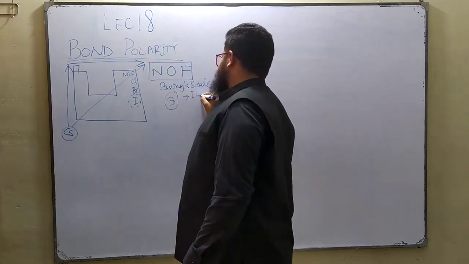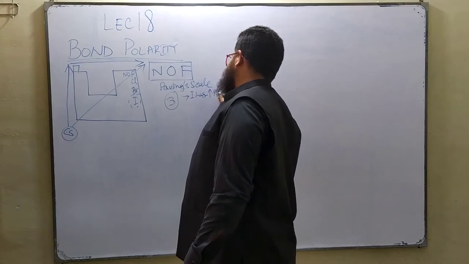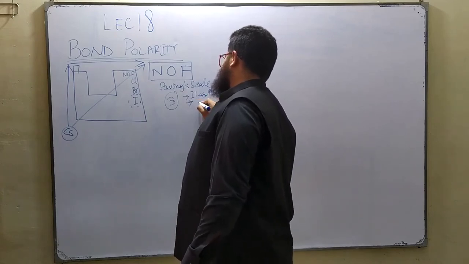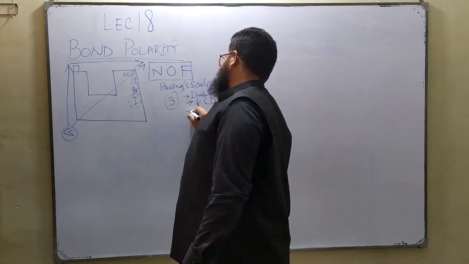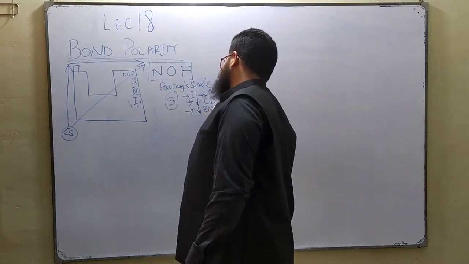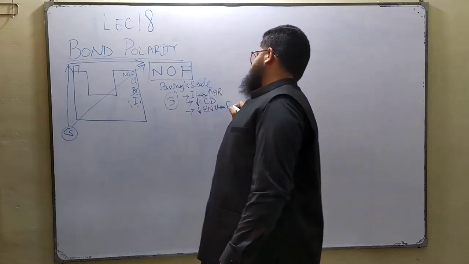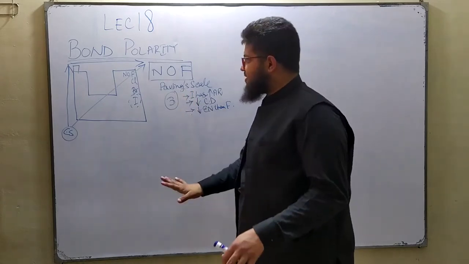Iodine has a larger atomic radius, so it has a lesser charge density than fluorine, and that means it has lesser electronegativity than fluorine. This is how you explain it: 3 marks, 3 points, simple as that.